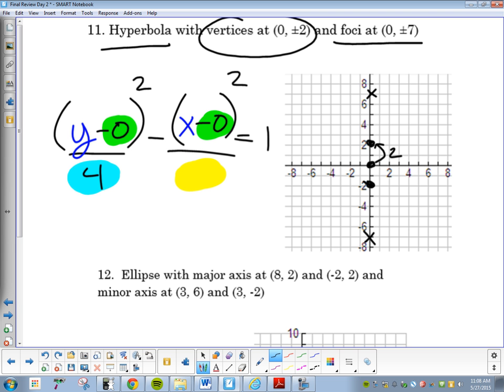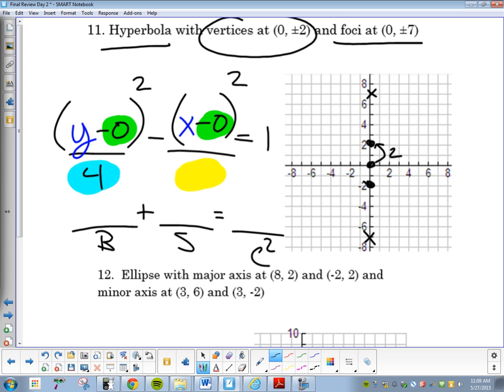The yellow number is how much from the center did I move left and right. Right now, do I know how much I moved left and right? Don't know. So anytime I don't know a number, I don't know how much I went left and right, what am I going to use to help me? My foci equation. Your big number plus your small number equals c squared.